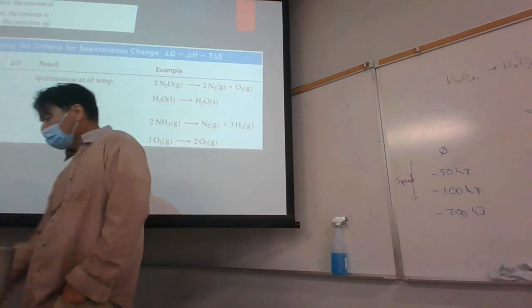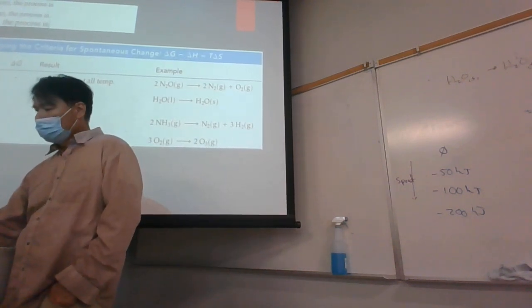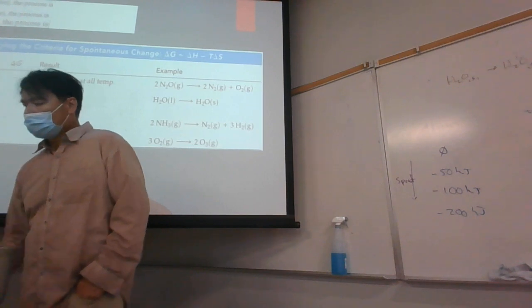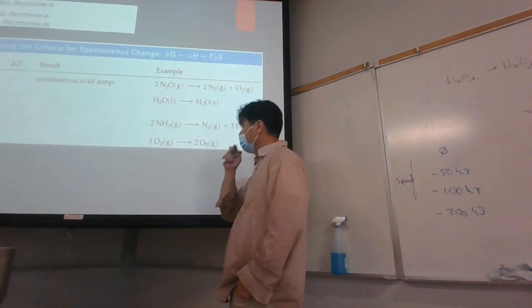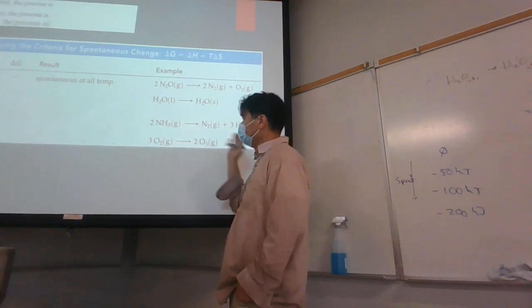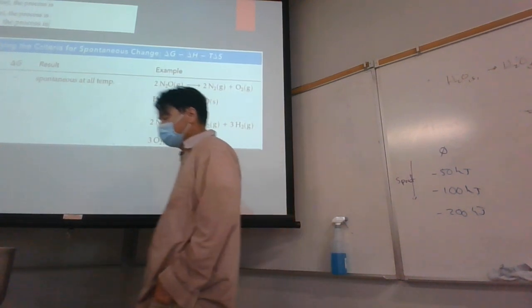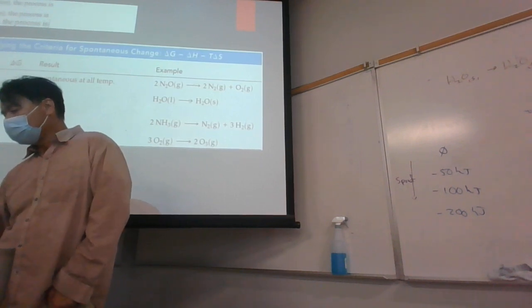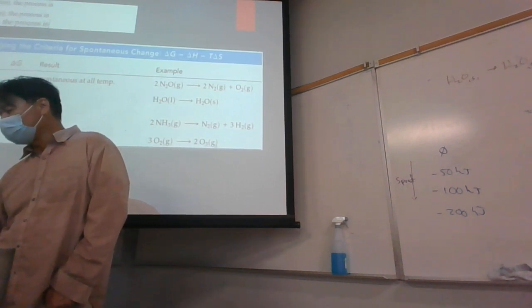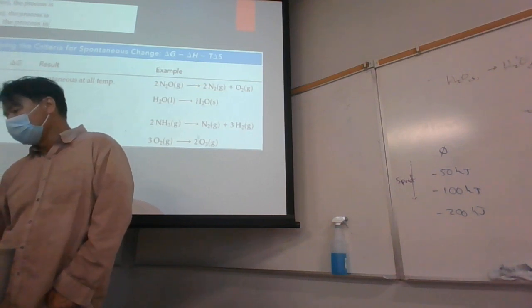We could try, but we're going to get a negative Kelvin temperature. So, I mean, the equation works, so what temperature will this become spontaneous? You might end up with a negative Kelvin. If you end up with a negative Kelvin, then it means no temperature will make it spontaneous.